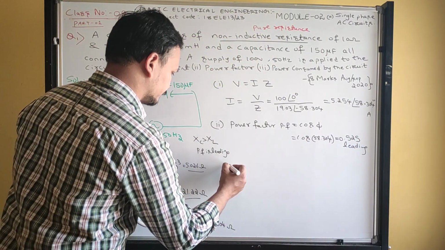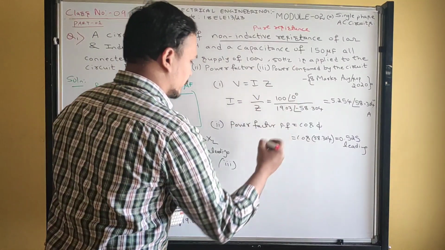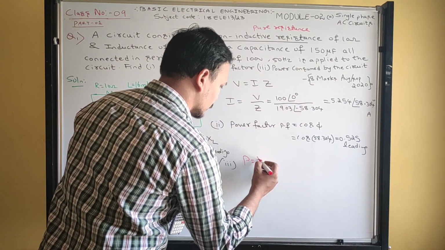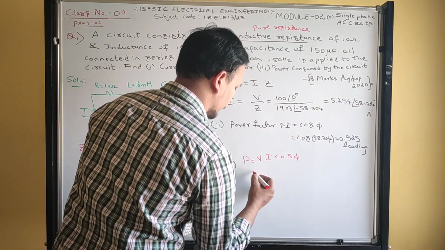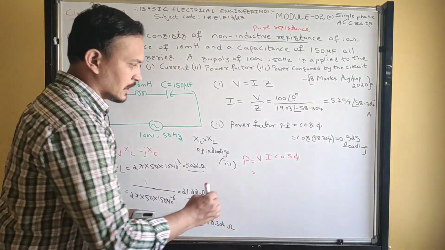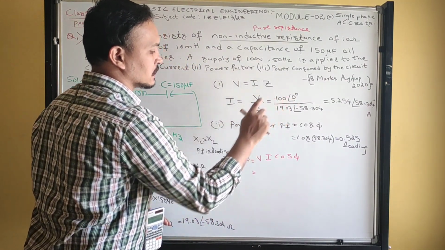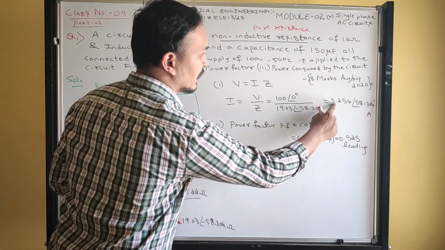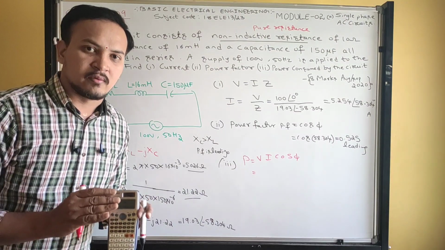So next one, number 3, power consumed by the circuit. Power consumed is given by the equation VI cos phi. See guys, you should take this voltage and current. Don't take the entire voltage 100 angle 0 degrees. Don't take current 5.254 at an angle. You take only the RMS quantities.